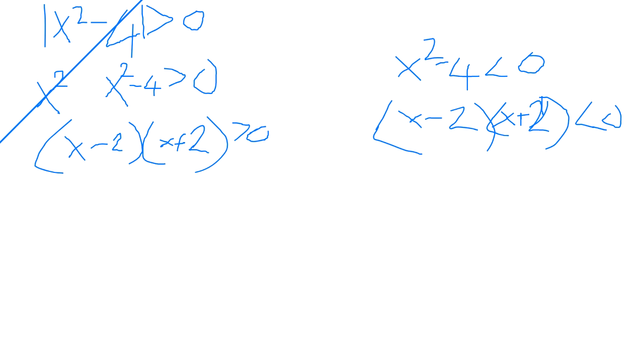So here, if we draw our number line, remember that last time we saw that we can also use the table method. We are going to have minus 2 and 2. Then if you draw your graph, it will be here and here.